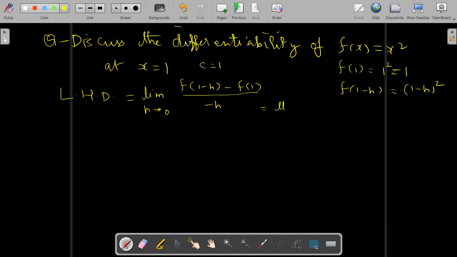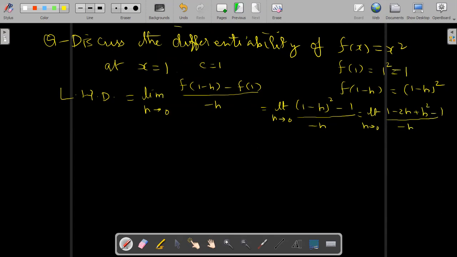We get limit h tending to 0 of ((1 minus h) whole square minus 1) divided by minus h, which is limit h tending to 0 of (1 square minus 2h plus h square minus 1) upon minus h.